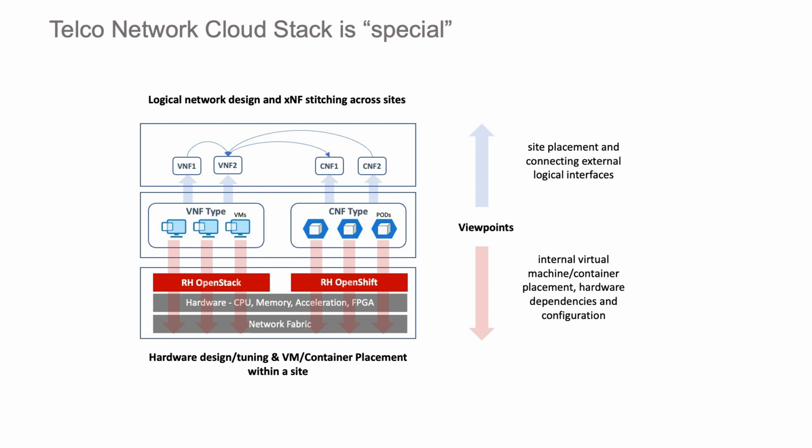So this is exactly the opposite of cloud native principles, in that in a cloud, the placement of where you run containers and virtual machines is absolutely non-deterministic. So it's wherever makes sense.